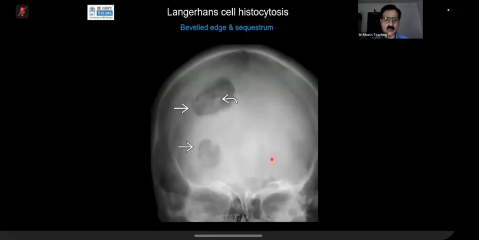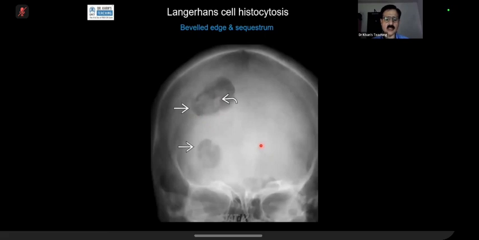Please also remember that Langerhans histiocytosis, as I also told you in lymphoma, can have a sequestrum. And that again is an exam thing. They will show you this kind of case where there is a beveled edge and there is a sequestrum also.